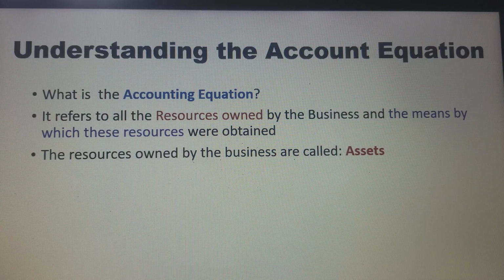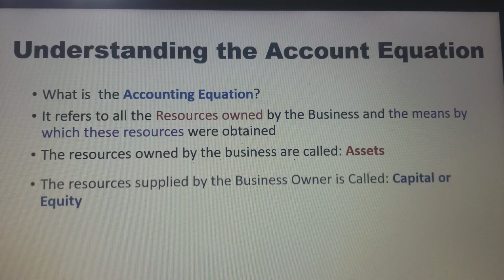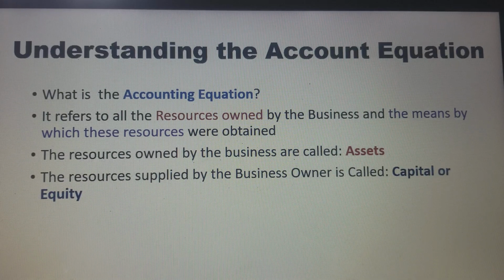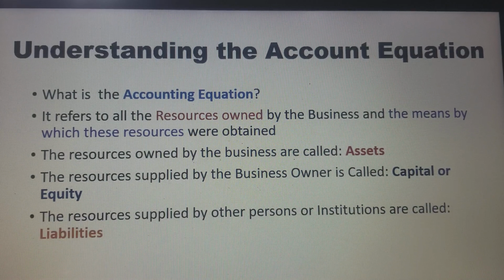Very important point to remember. The resources owned by the business are called what? Assets. The resources supplied by the business owner is called capital or equity. And the resources supplied by others, or institutions, are called liabilities.